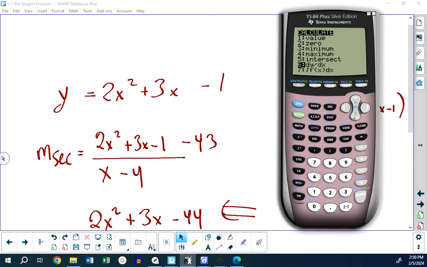that looks suspiciously like a formula for slope. It's not, because this isn't a slope of a secant line. This is the instantaneous slope, and I enter 4, and I get 19.